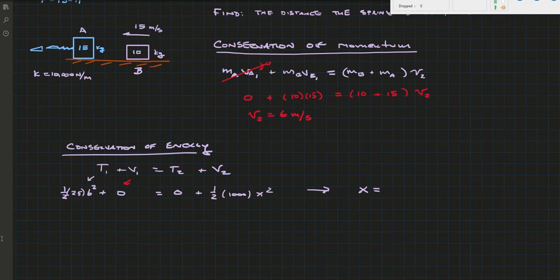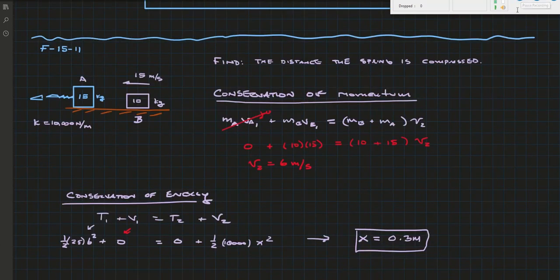In the final situation, when the spring is totally compressed, we've lost all velocity. So this first term is 0, and we have 1/2 times 10,000 times x squared. Now we can solve for x, and x should equal something around 0.3 meters. Okay, that's conservation of linear momentum.